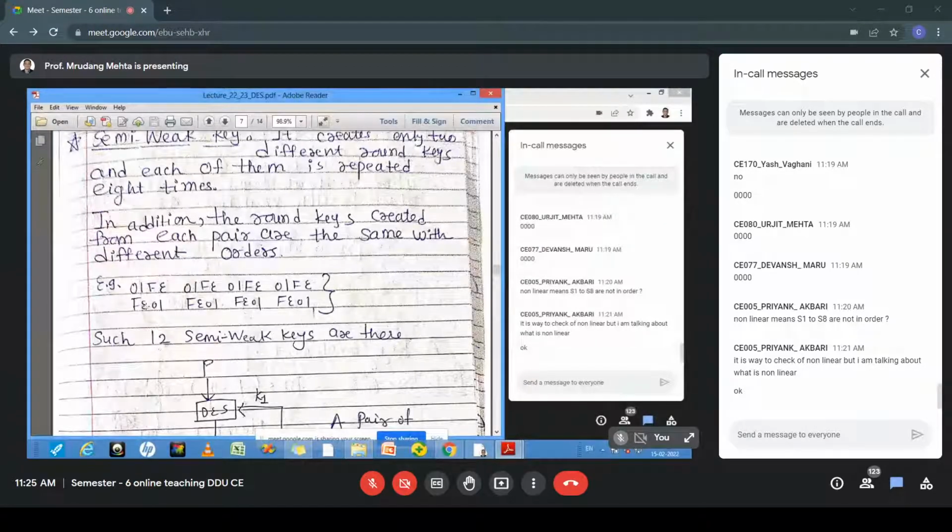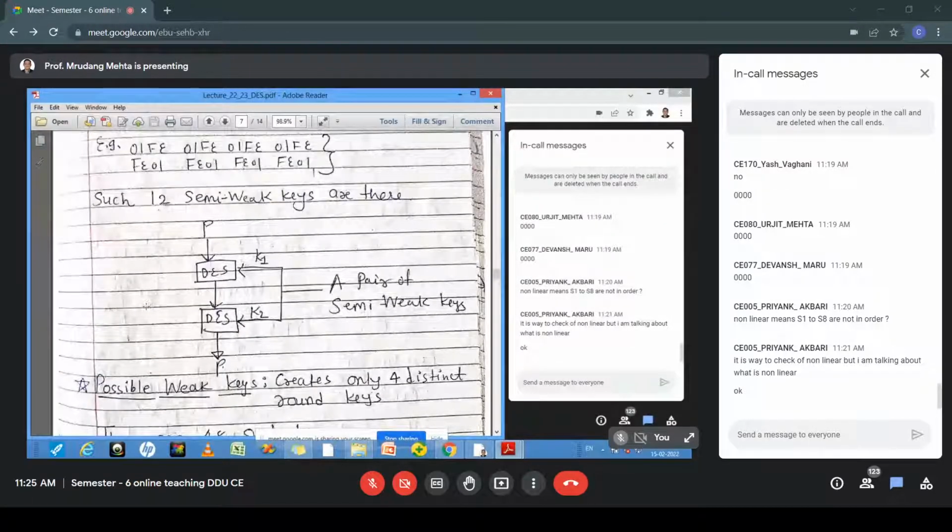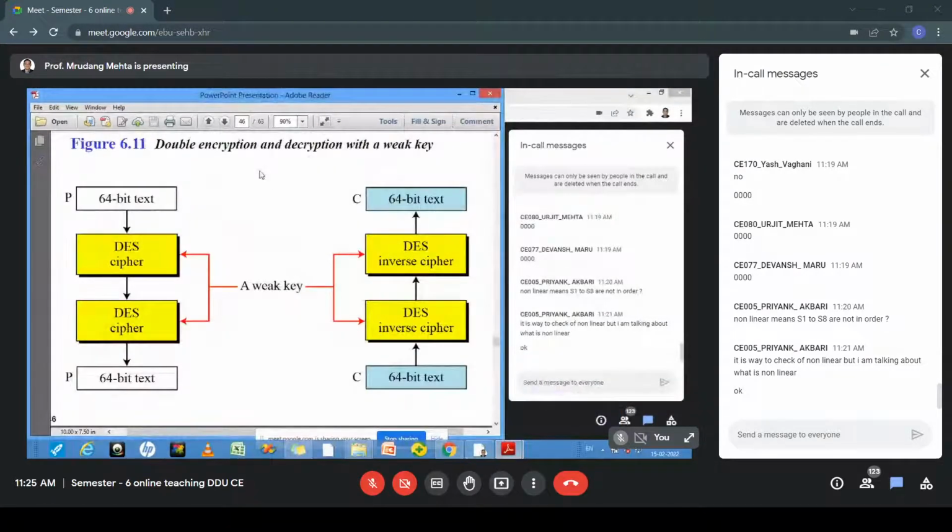There are 12 such semi-weak keys. If we use semi-weak keys K1 and K2 and apply them in two rounds of DES, it generates the same plain text. Let us see it in the slide.